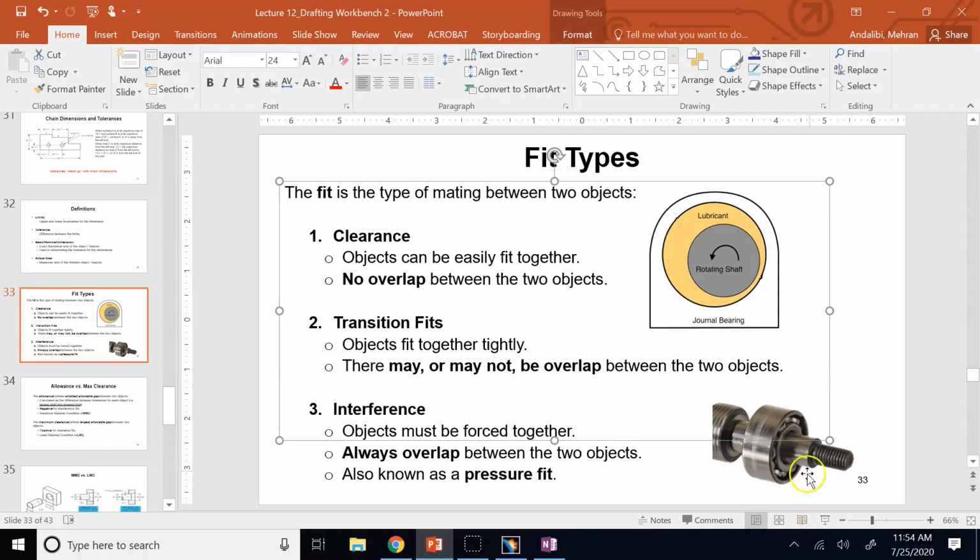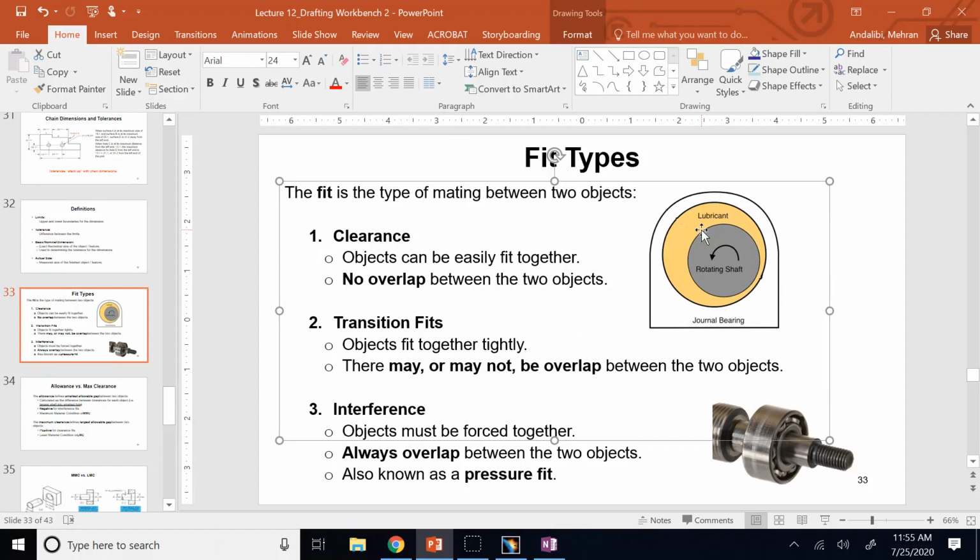So this way, you're allowing one shaft to rotate inside a housing with the help of this ball bearing. Good? And as I said again, you have two interference fits. One between the shaft and the inner cage, the other between the outer cage and the housing. Fine?